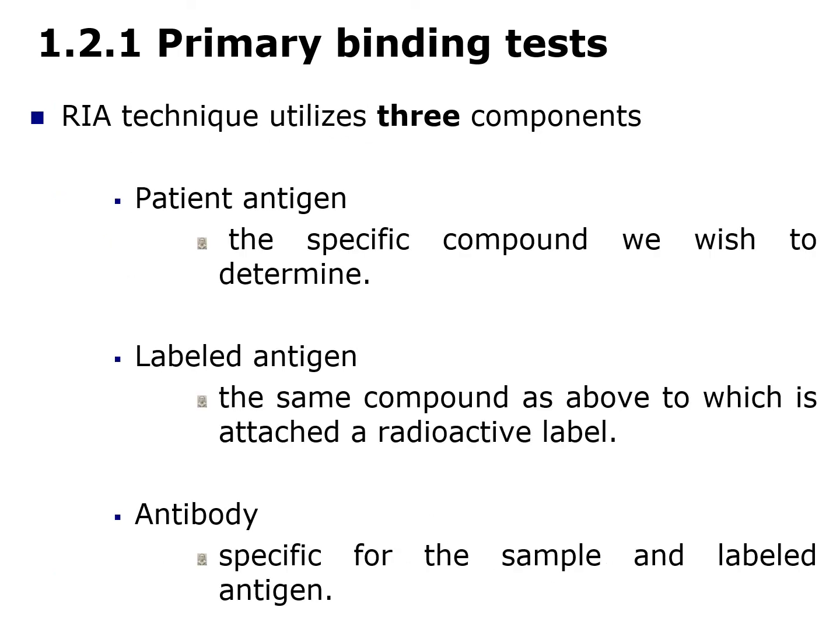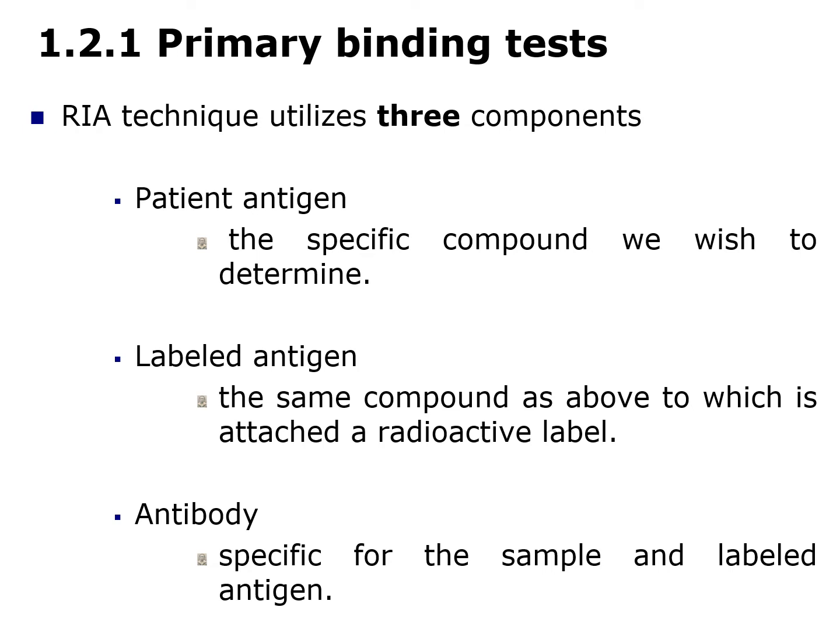And okay, RIA has three components. Right, so the components are the patient's antigen, the labeled antigen, and an antibody. This antibody is specific to both the labeled antigen and the patient's antigen. So the amount of antibody that is present is limited.